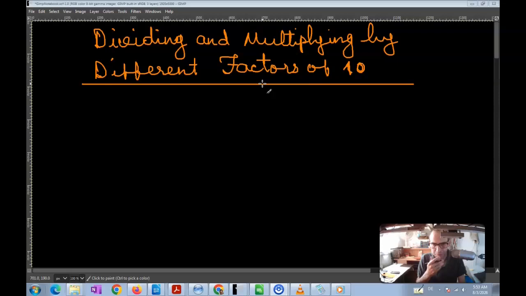Now in the problems that you solve in mathematics, one of the things that you need to know is what happens when you multiply by a factor of 10 or divide by a factor of 10, and then you will be able to use these in different places while you're solving a problem.